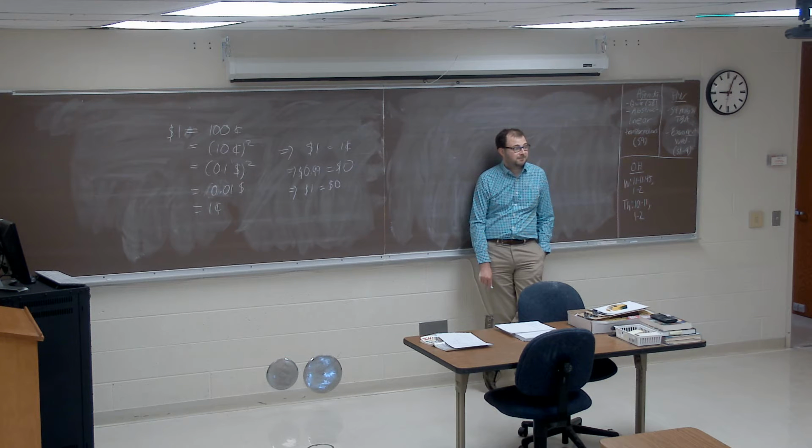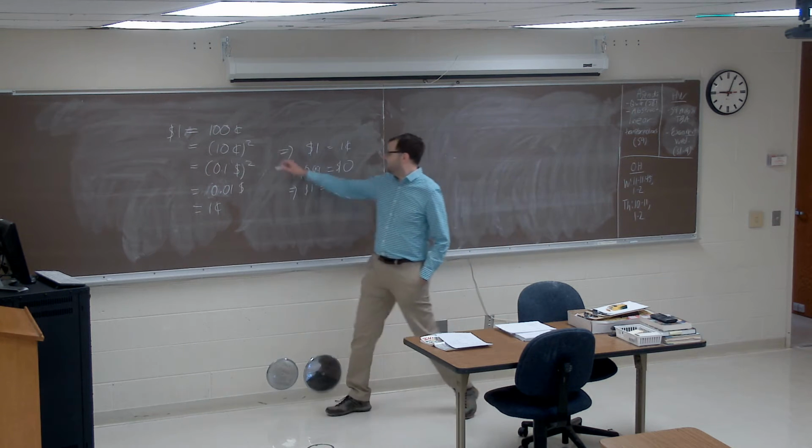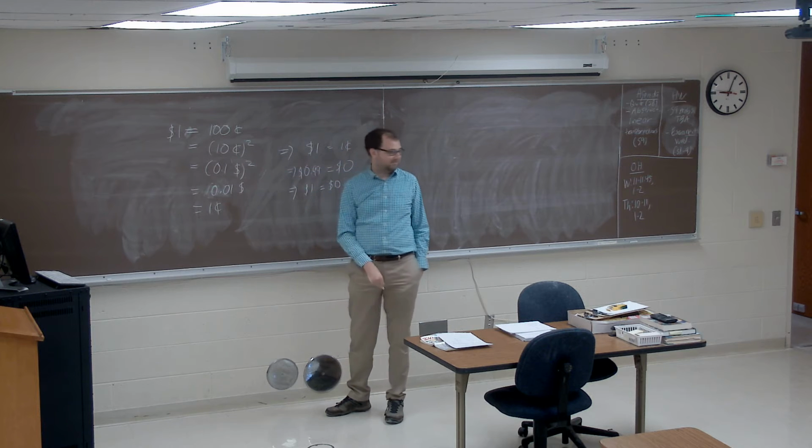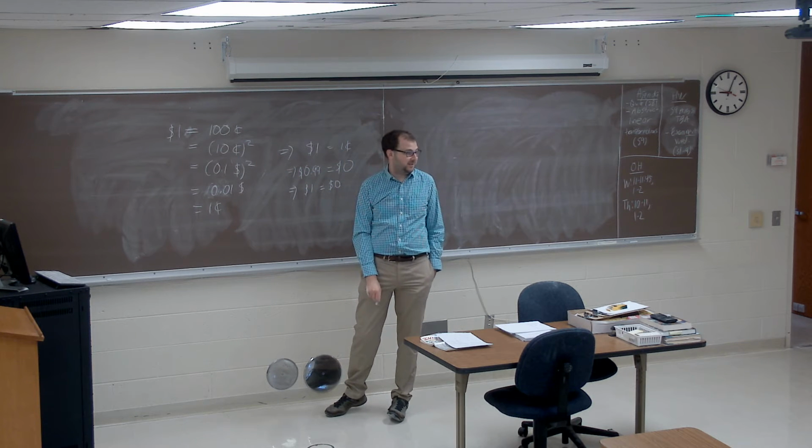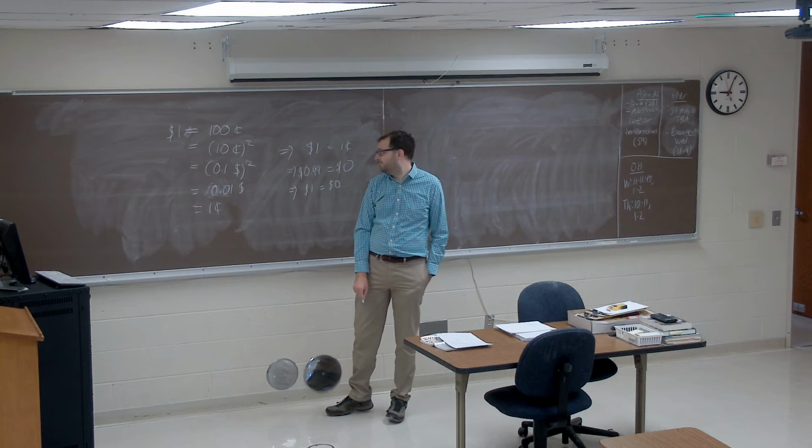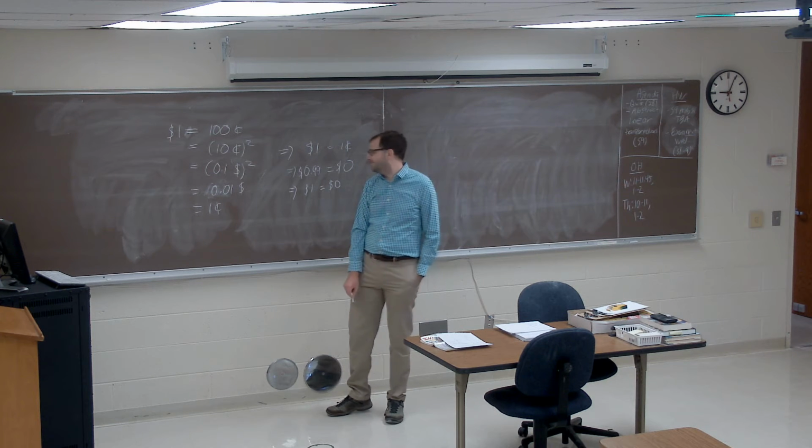Well, I'm not okay with that. Why aren't you okay with that? It's the switching from the 10 cents to the 0.1 of $1. I don't like that. What's wrong here? Is 10 cents not a tenth of $1? It is, but we don't have 10 cents, we have 10 squared cents. Oh my goodness!